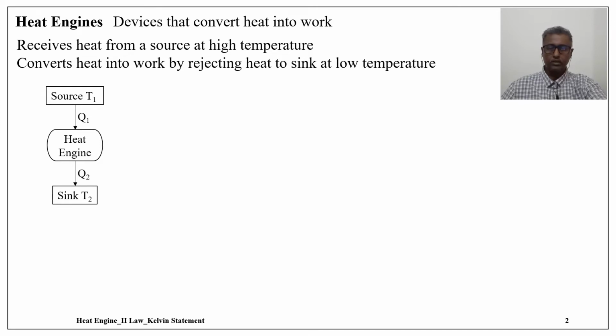So how much work can it deliver due to this heat addition and rejection? That is W net, which is equal to Q1 minus Q2. Out of the Q1 quantity of heat supplied to the engine and the Q2 quantity of heat rejected by the engine, the difference is delivered as work by the engine.